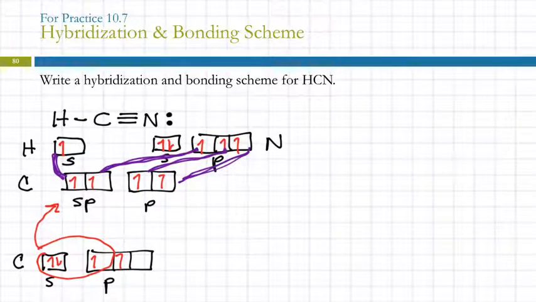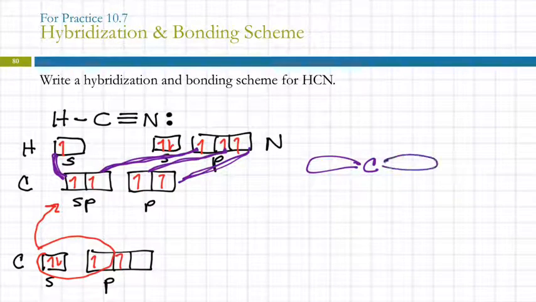Okay, so let's try to, this is actually a little easier to draw. Here's my carbon in the middle. There's one sp hybridized orbital and another sp hybridized orbital. And then it also has unhybridized p orbitals.